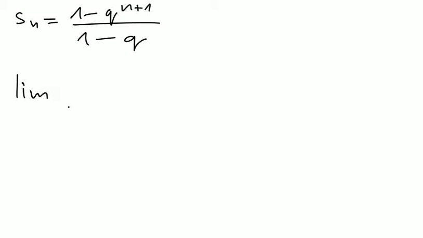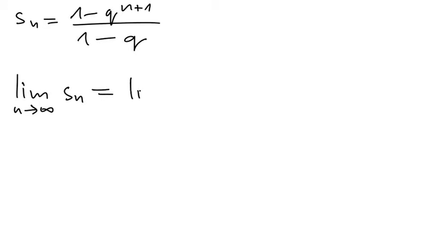So now what we know is that Sn, the partial sum for the geometric series, is equal to 1 minus q to n plus 1 over 1 minus q. And the question before was what is the limit for n going to infinity of Sn.